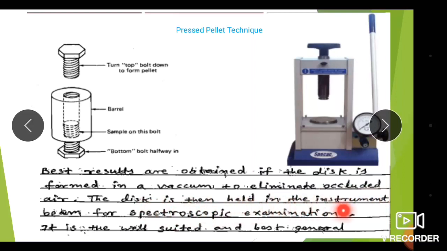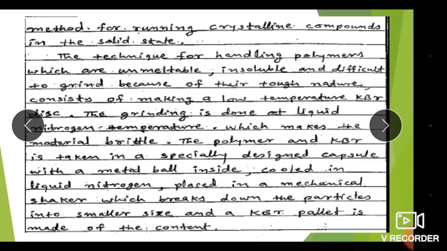The disc is then held in the instrument beam for spectroscopic examination. It is well suited and the best general method for running crystalline compounds in the solid state. That is why the pressed pellet technique is a very important technique for recording the IR spectrum.